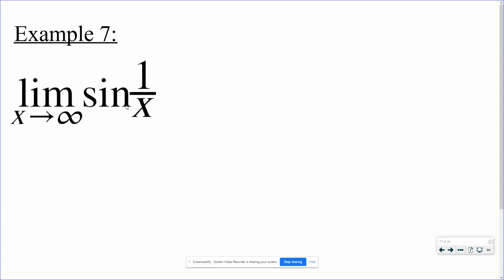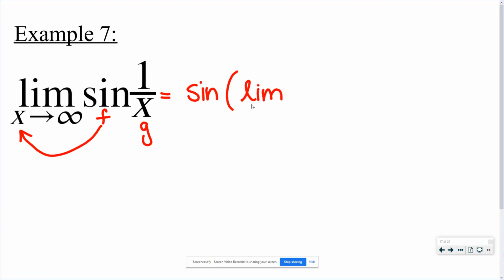Okay? This is an example of a composite function. So I want to remind you of the limit properties we learned a while back. Those are if you have a function f and then there's a function g plugged into it, you are allowed to move this f function to the outside of the limit, allowing you to take the limit of one function at a time.